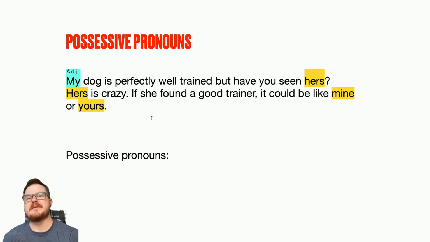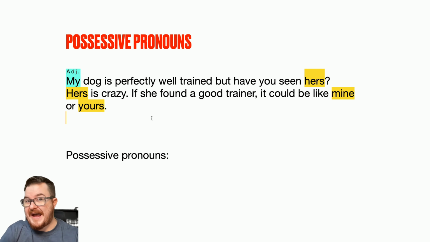For some reason, it does seem to be the Germanic languages, we end up calling possessive adjectives and possessive pronouns the same thing. But they're not. They're not the same thing at all. And if you mix them up, it sounds wrong.